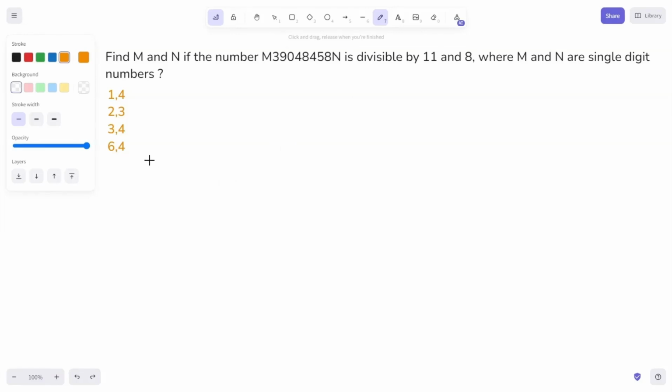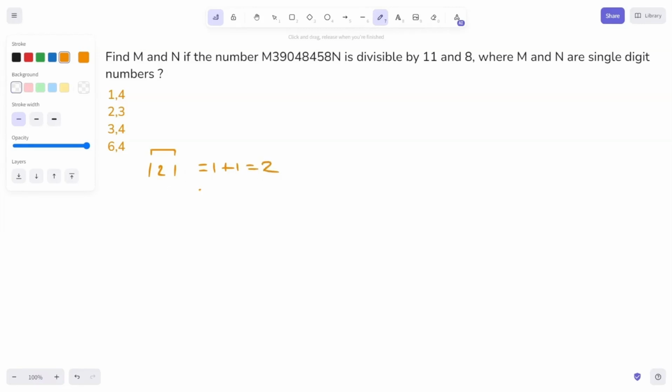Firstly, I will tell you the divisibility rule of 11. Let's suppose this number is 1 2 1, and I want to check whether it is divisible by 11 or not. It is very simple. We collect all the odd positioned numbers. These are odd positions, so the odd position numbers are 1 and 1, and we make their sum, which is 2.